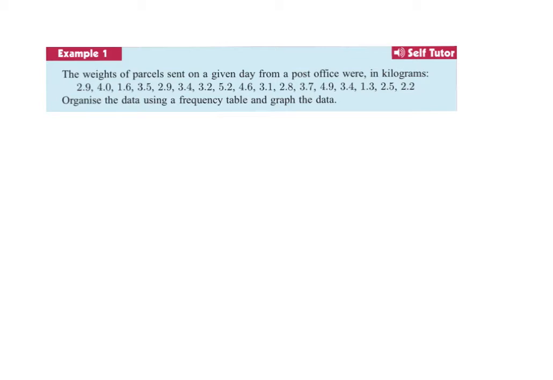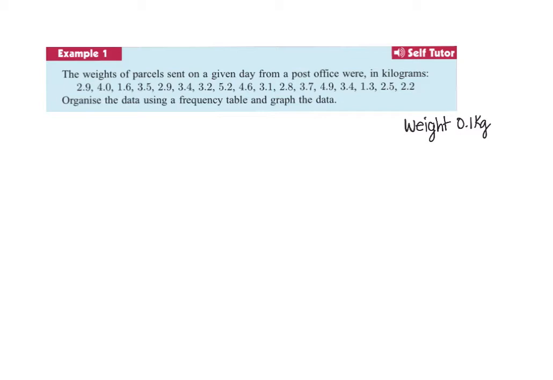Okay, so here we have an example, and it says the weights of parcels sent on a given day from a post office were in kilograms, and it lists a huge set of numbers, and it says organize the data using a frequency table and then graph the data. The first thing that we need to recognize is that this is a set of continuous data, and that is because the weight can be anything between 0.1 kilograms, and I say that because it wouldn't be a part of this if it didn't weigh anything.